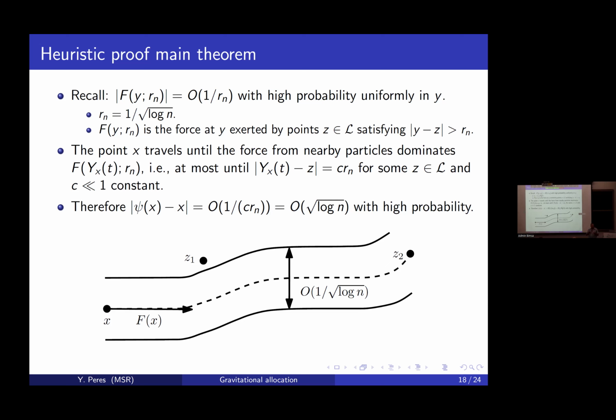So it's a fight between global and local, and the particle will be swallowed when it gets close enough to a star so that the local force from that star will dominate the global force from all the stars. And then you can see that it will have to travel a distance of root log n, because you need a strip of width 1/root log n to accumulate about a unit of area before encountering such a star.